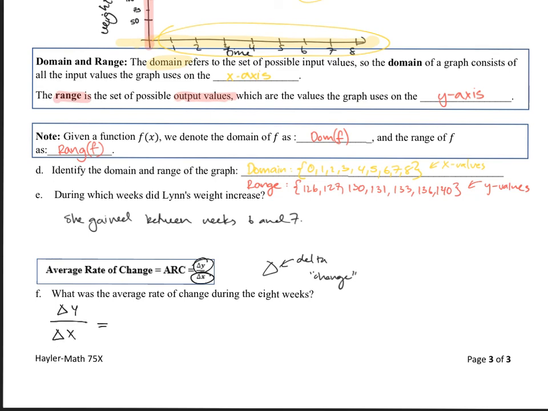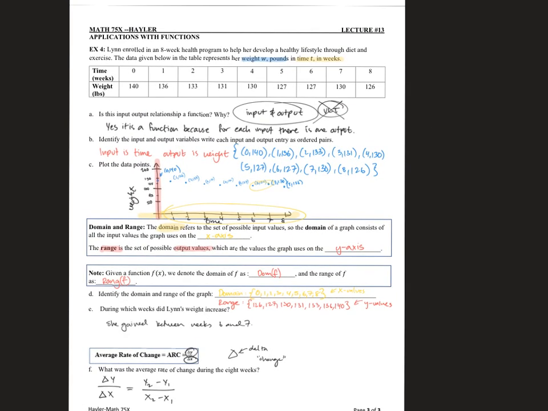Well, to do that, we're going to take the difference between the first and the last y values and the first and the last x values. So writing those down, our first x and y are 0, 140. And our last x and y is 8 and 126.